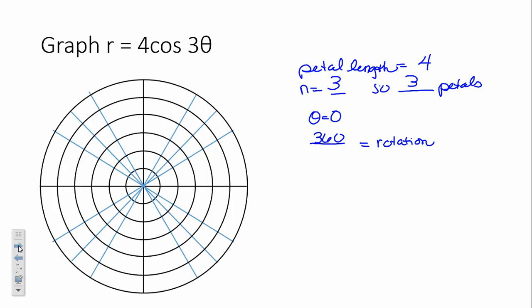Theta is equal to 0 whenever we're dealing with cosine, right? So we're starting at 0. And how many degrees will we rotate for each petal? 120, because 360 divided by the number of petals is the rotation. So we start at 0, pulling out 4.